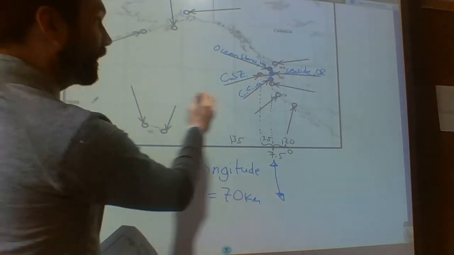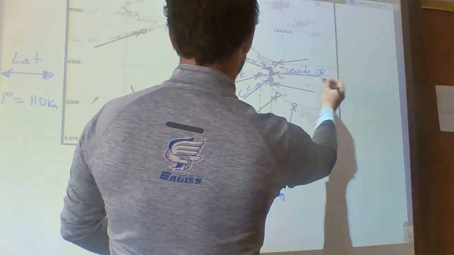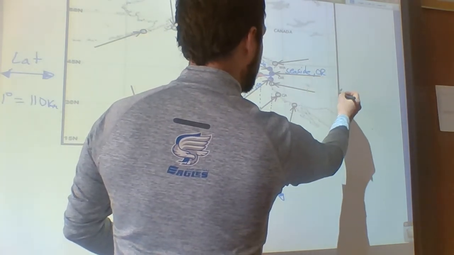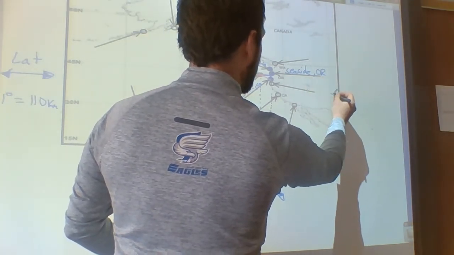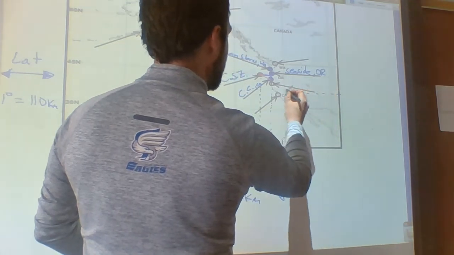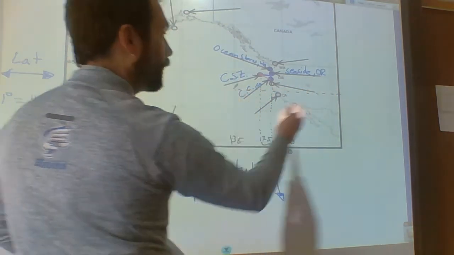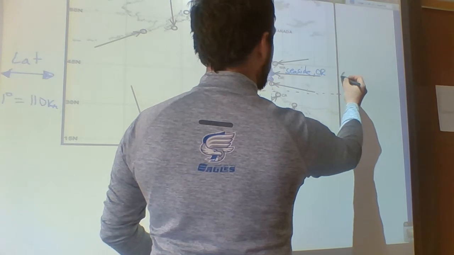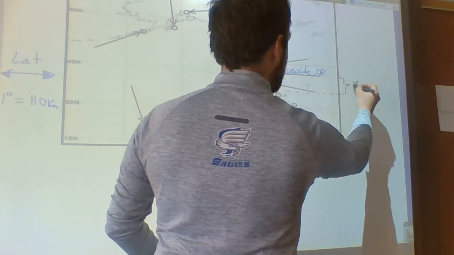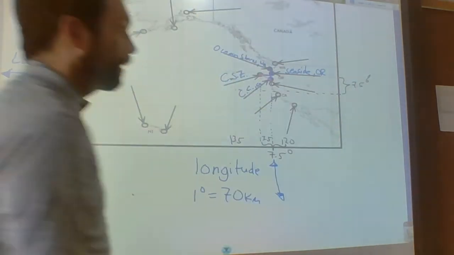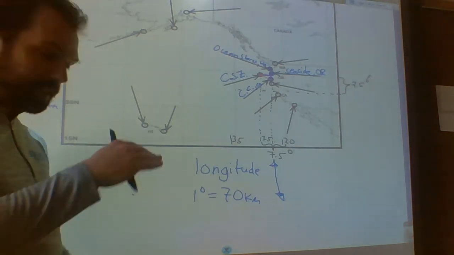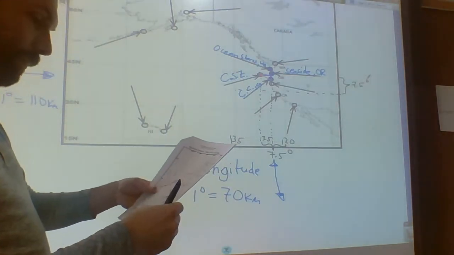So if I cut my line of latitude in half again, so now I have a gap of 7.5 degrees. So I'm using that idea of cutting it in half on the map again.